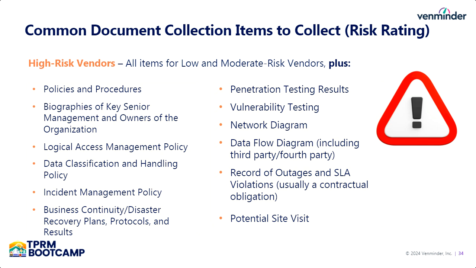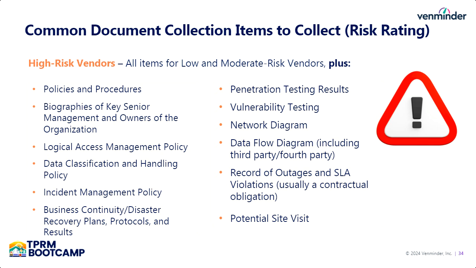We're going to be really diving into things like logical access management, data classification, incident management, and we're going to be really tapping into their business continuity and disaster recovery plans, their protocols, and their test results of those. We might be investigating their penetration, vulnerability testing, their network diagram, how their data flows. We might look at their network outages and any SLA violations and go on site potentially.